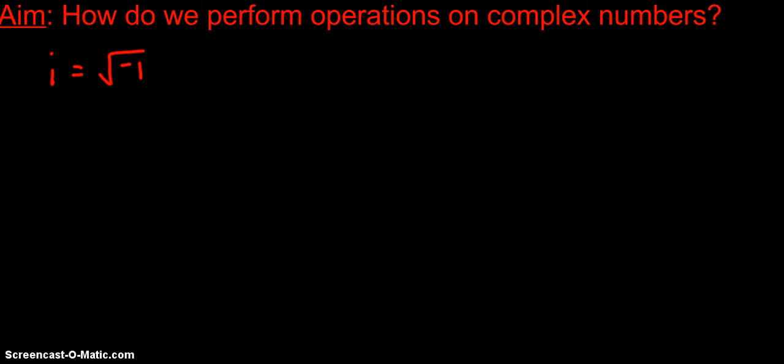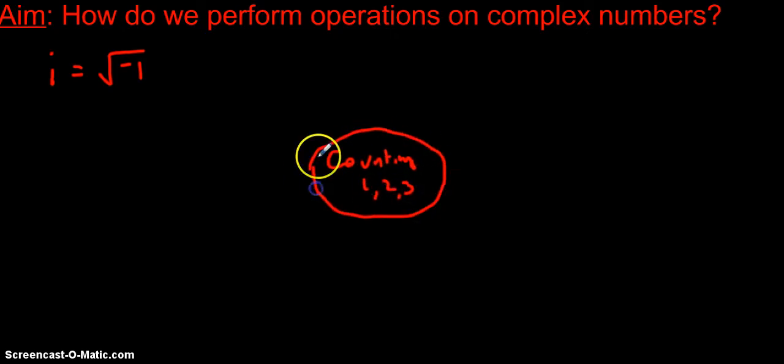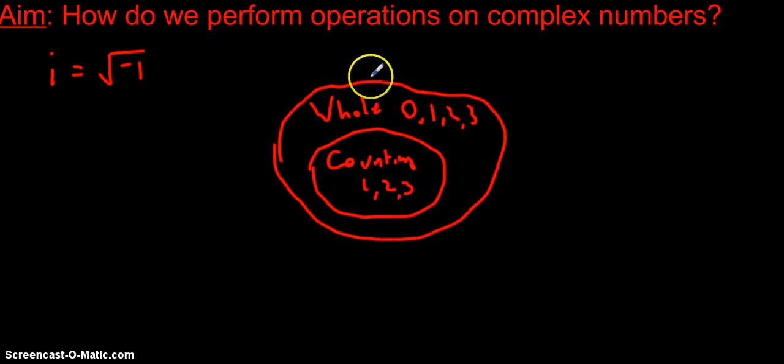So the numbers we looked at before originally were counting numbers. So that's 1, 2, 3, and so on. Counting numbers were part of whole numbers, which included 0, 1, 2, 3, and so on. Those are part of integers, which include negative numbers as well, so negative 1, 0, 1, 2, and so on.